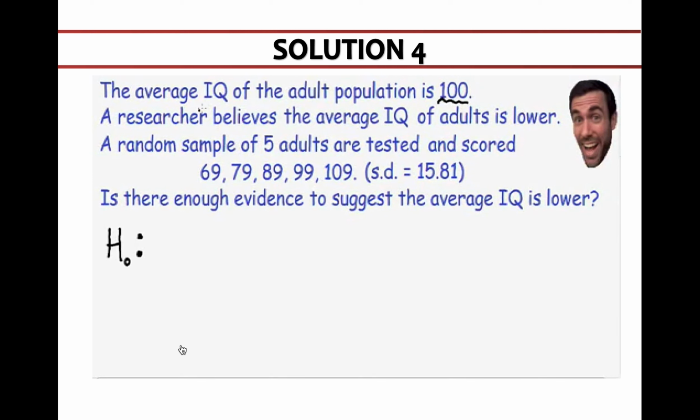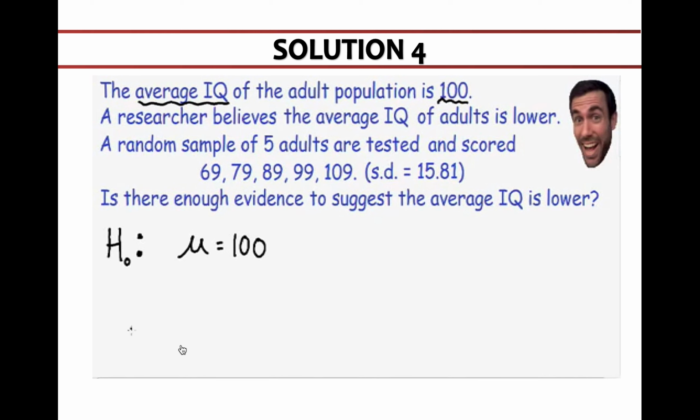So the currently accepted value for the average IQ of adults is 100. So the average of the population is equal to 100. This is our null hypothesis. And the null hypothesis is always written with an equal sign. That's just a little tip. You're always going to use an equal sign for the null hypothesis.